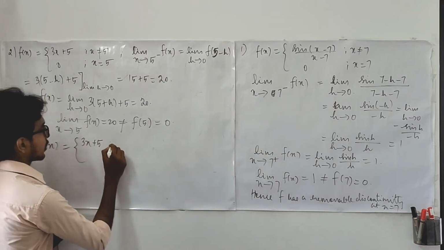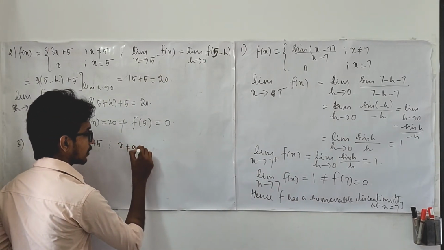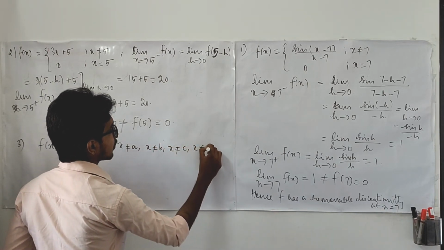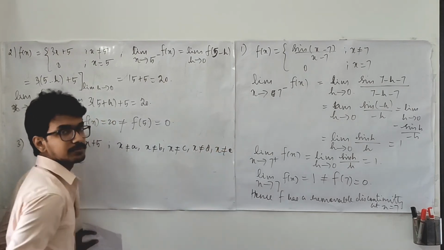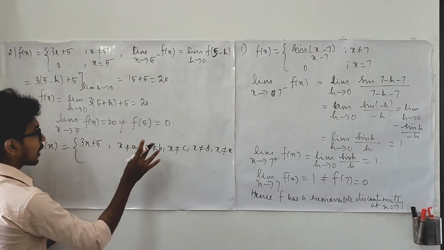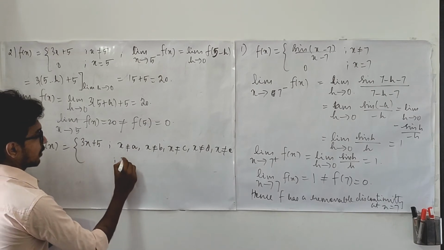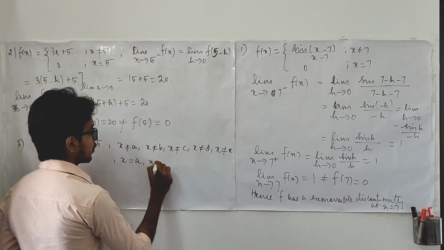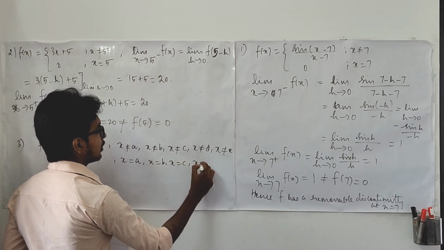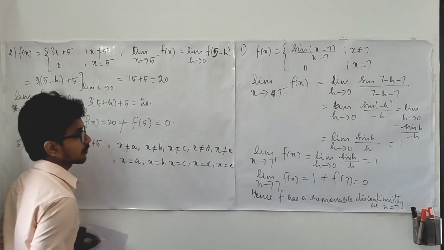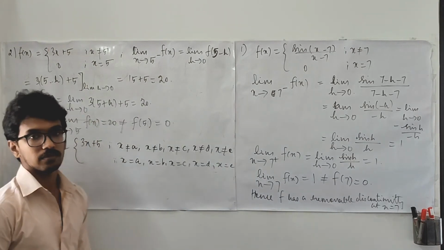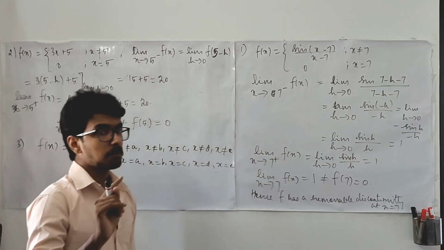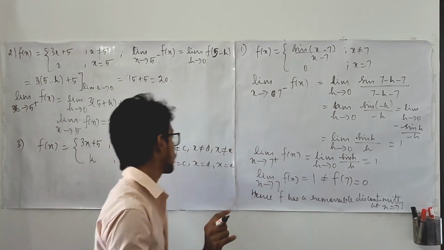Therefore, define it as 3x plus 5 for x not equal to a, b, c, d, and e. Whenever x is a or b or c or d or e, you can define it to be anything. Here you may give any constant value k, but this k must not be equal to what?